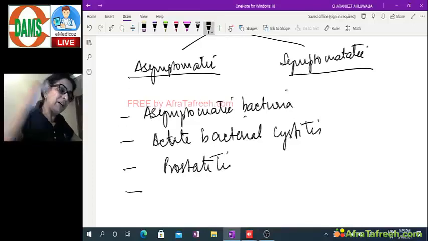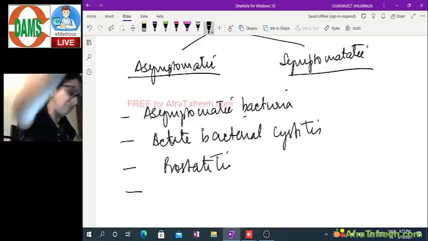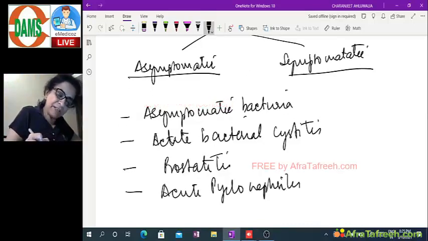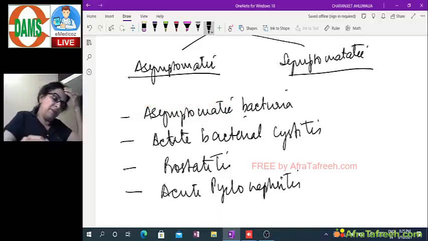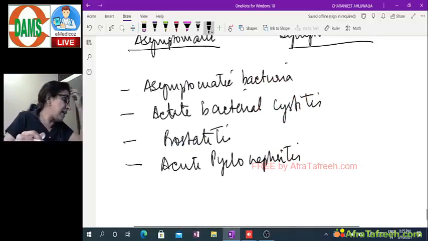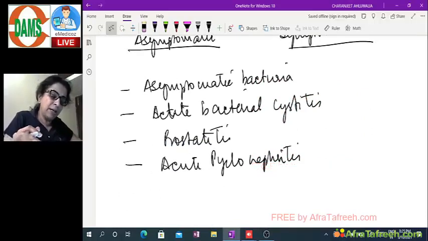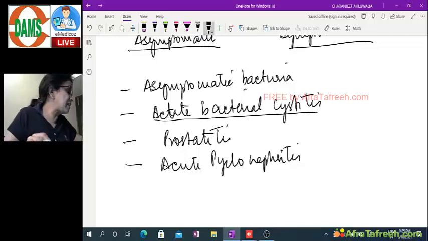And fourth, infection can reach the kidney, causing inflammation of the kidney, which is called acute pyelonephritis.